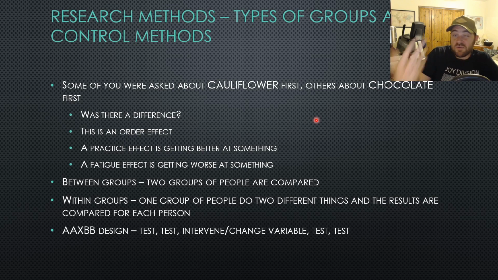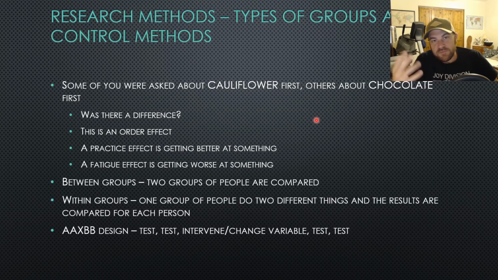There's just a large fatigue effect. The other thing is there might be a practice effect and your intervention actually isn't doing anything, so maybe you need to figure out a better intervention. So this is a really good design to use when you're in a clinical setting. Of course, if you have time. A lot of people have too much of a caseload to be able to do this.